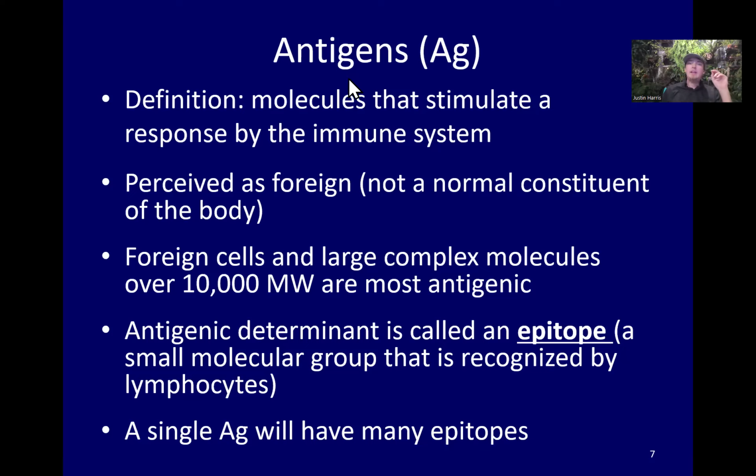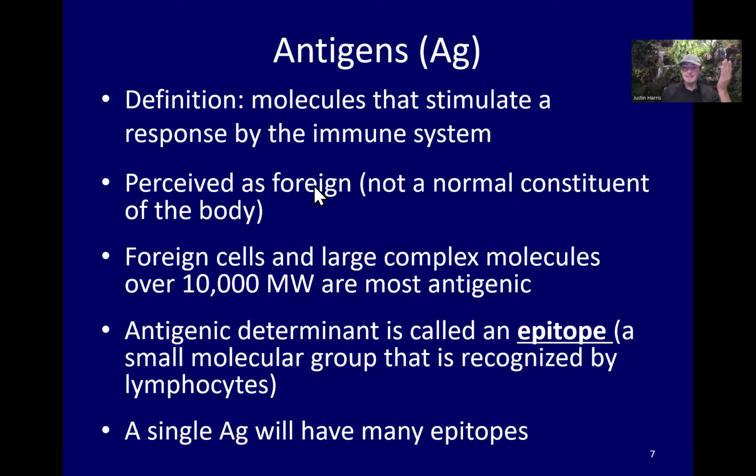Antigens are pretty much anything that these antigen receptors are able to recognize. These receptors are capable of recognizing countless antigens, so it's a fairly broad category of thing to consider an antigen, but not everything is the same level of antigen.